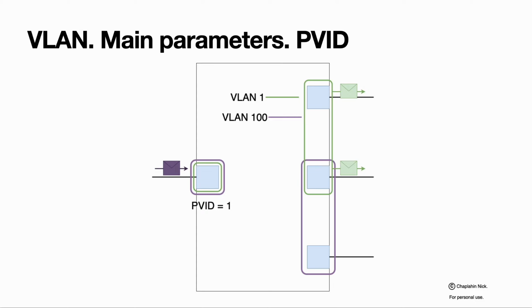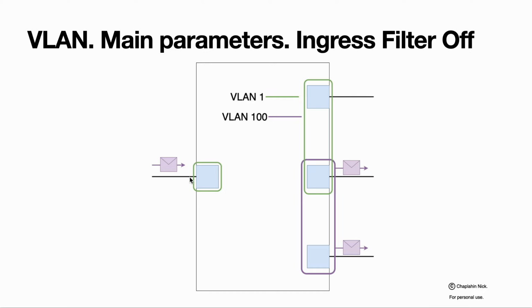Ingress filtering. Ingress filtering verifies and drops a packet that is trying to ingress the system through a port that is not a member of the VLAN this frame is tagged with. In other words, in this example, if ingress filtering is off, we send to a port that is a member of VLAN 1 only a frame tagged by VLAN 100.